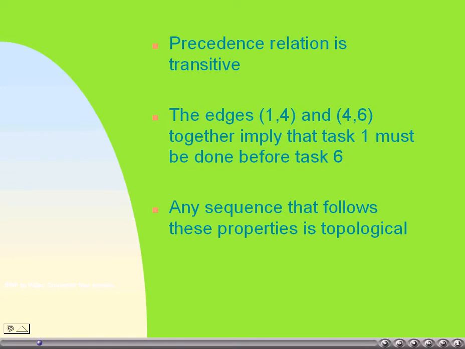That is, task 1 must be done before task 6. This is one precedence relation that has to be satisfied or inferred from these two edges. Any sequence that satisfies these precedence relationships is called the topological order of that graph. We are aimed at finding out such an order of an acyclic graph.